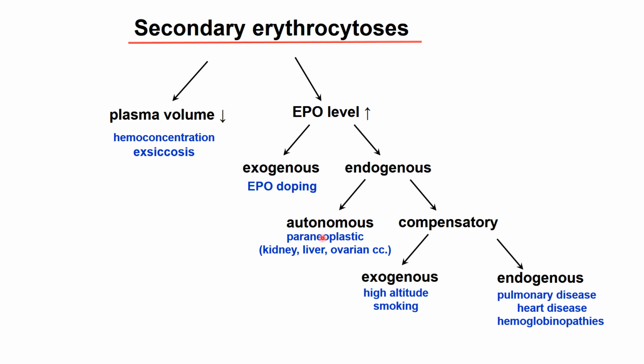For example, if somebody is suffering from a paraneoplastic syndrome in a kidney, liver, or ovarian carcinoma, that will increase the erythropoietin level, and this is why the patient will suffer from polycythemia.